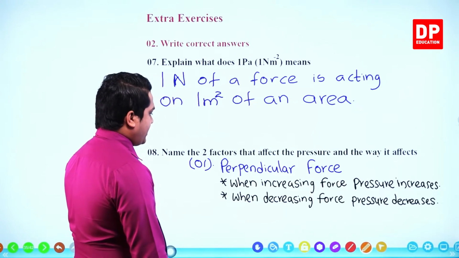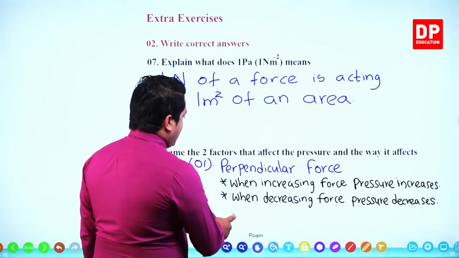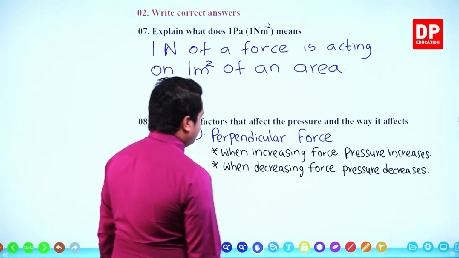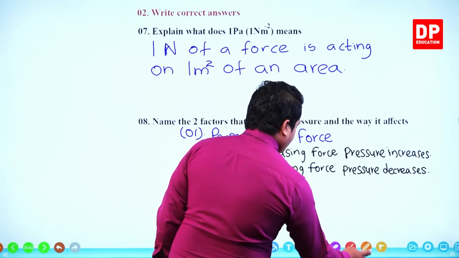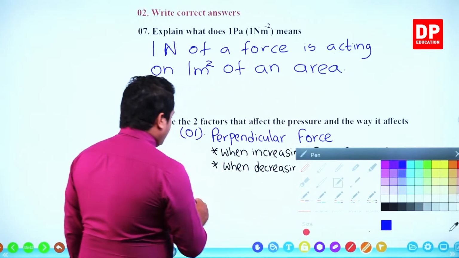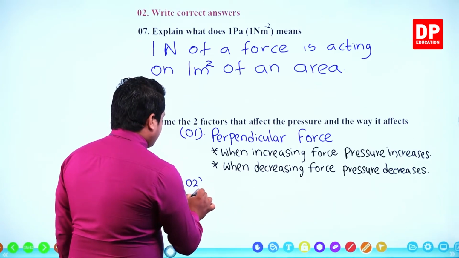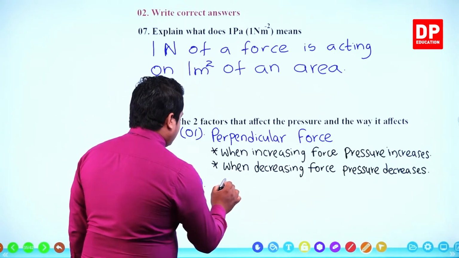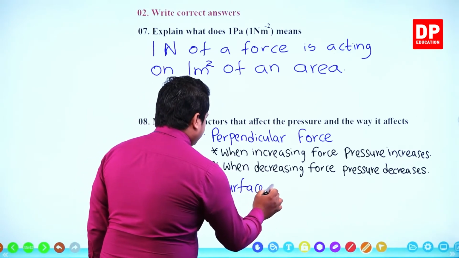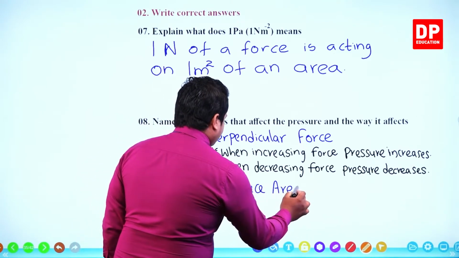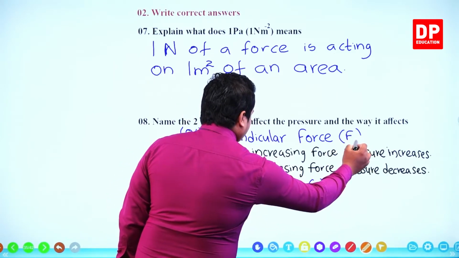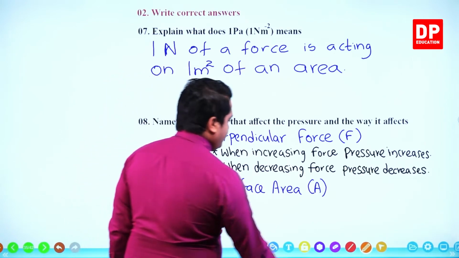This is the first factor. What is that? Perpendicular force. Then number 2 is surface area. Right? Surface area.